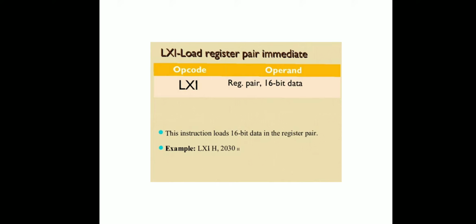After the execution, the data is stored in the HL pair register. The content of address 2030 is copied into the lower order L, and 20 is copied into the H register.